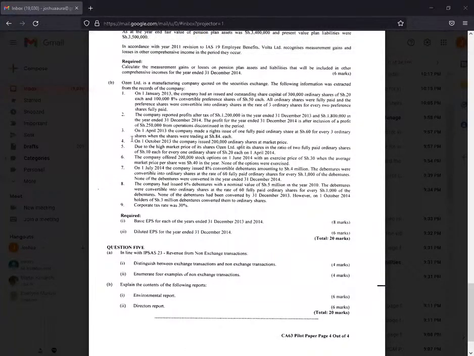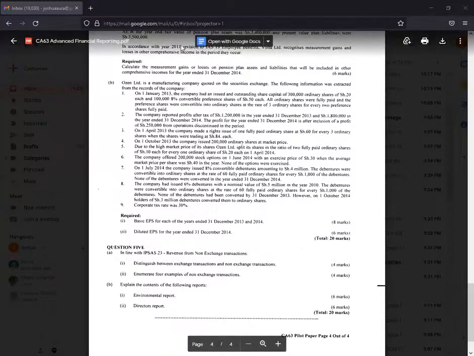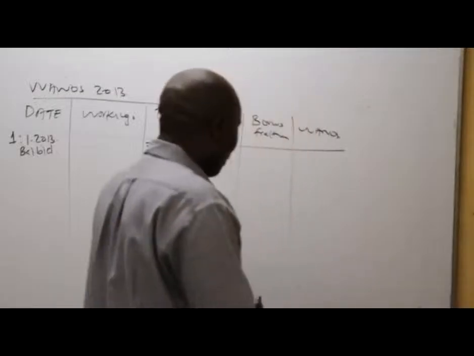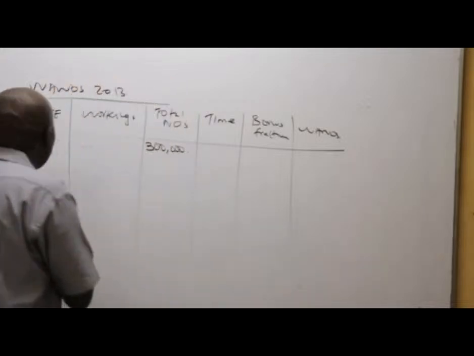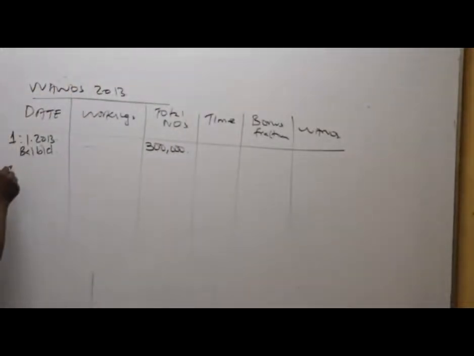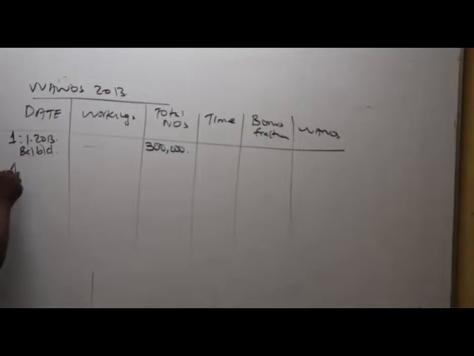Note number 3, on 1st April 2013, the company made a rights issue of 1 fully paid ordinary share at 60 for every 3 ordinary shares. So let us first do this one. Which date did they say there was a rights issue? 1st of April 2013, there was a rights issue.